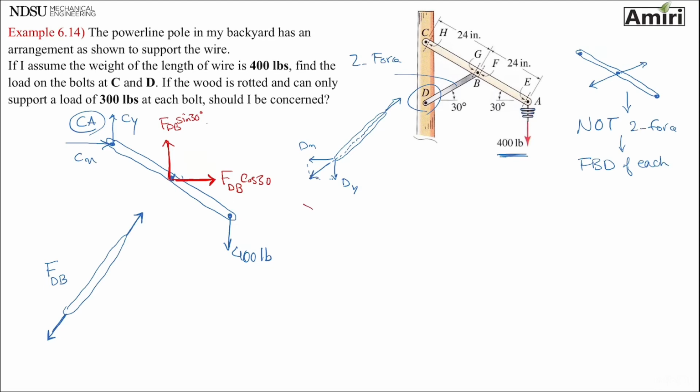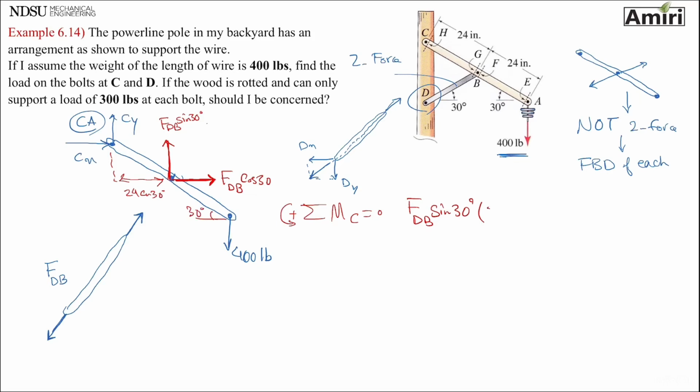So if I write summation of moments about point C being 0, let's see, I have F_DB sine 30. That needs to be at a distance of this distance right there. And that is how much? 24 cosine 30, because this angle is 30 also.